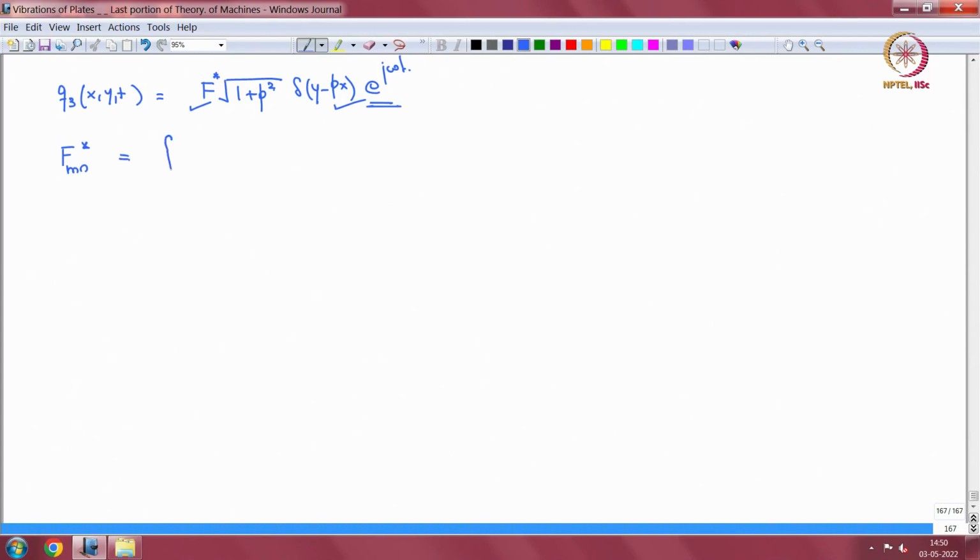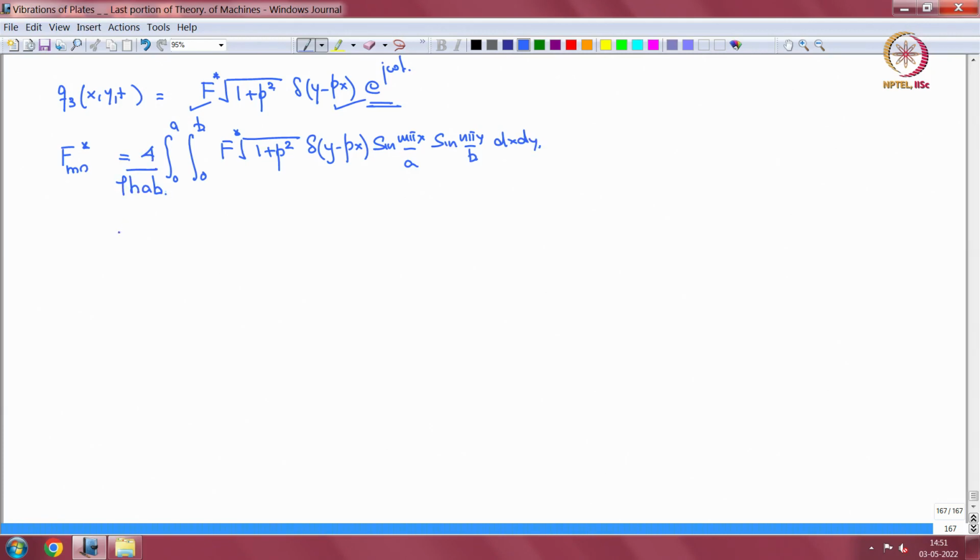It is the integral from 0 to a, 0 to b, of F star square root of 1 plus p square, delta y minus px, sin m pi x by a, sin n pi y by b, dx dy, and 4 by rho h a b, that we can't forget.